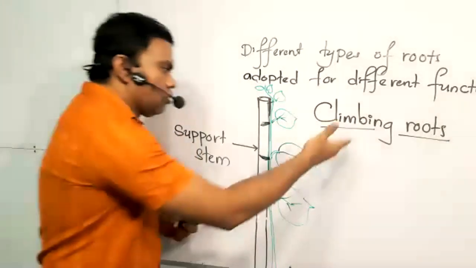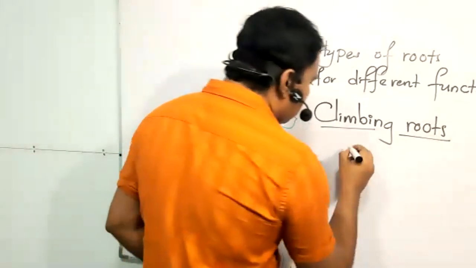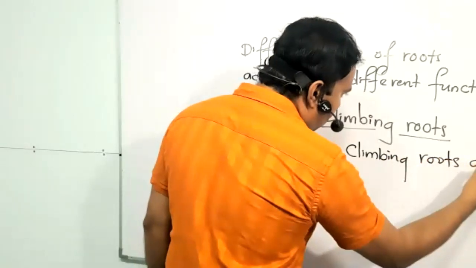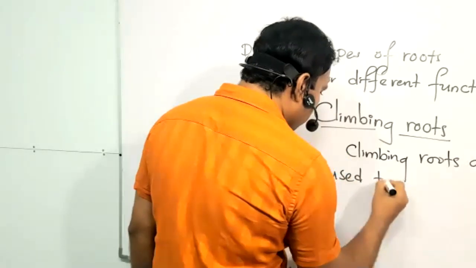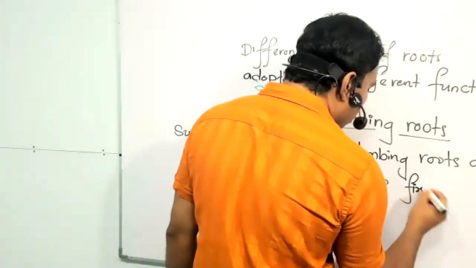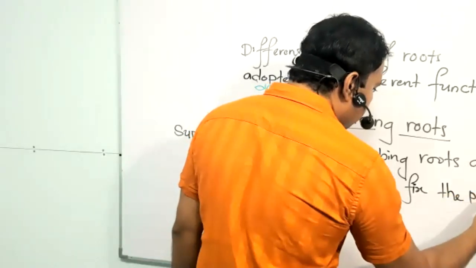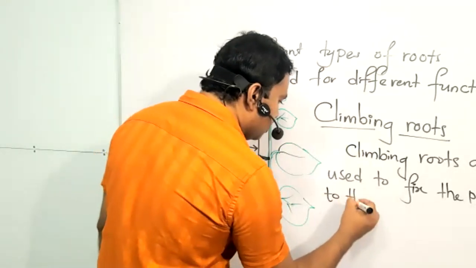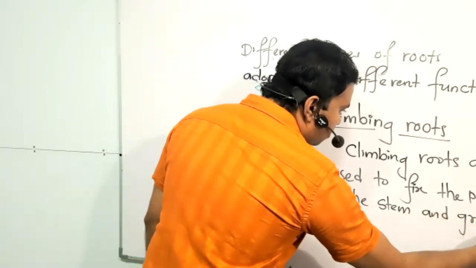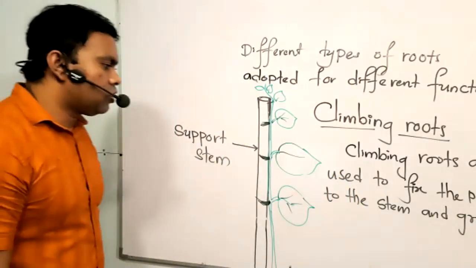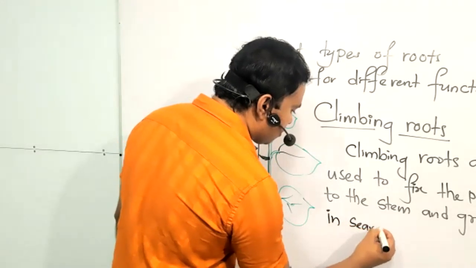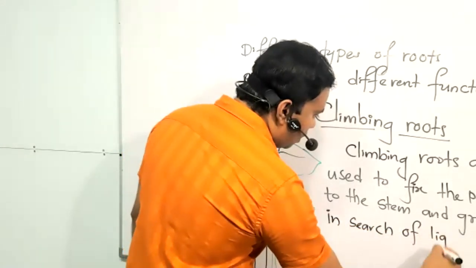Take down. Climbing roots are used to fix the plant to the stem and grow up in search of light.